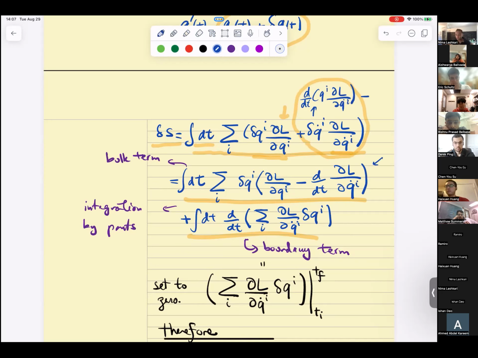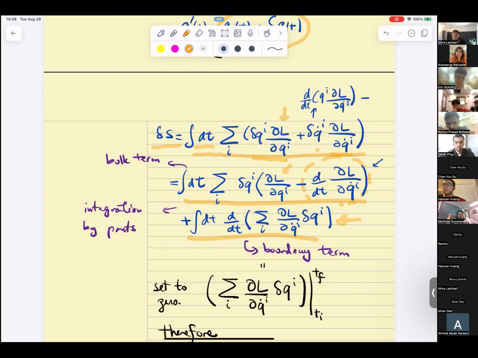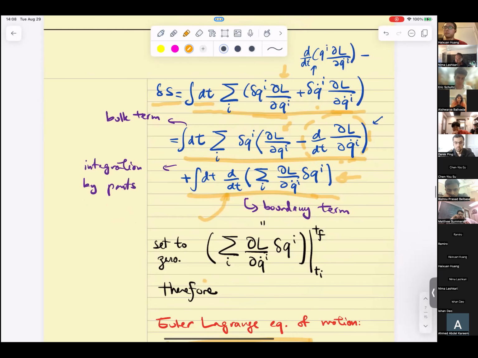You just do integration by parts. You write down this term as this plus a boundary term. The first term is unchanged. This guy is unchanged. Now, this is a boundary term. It's a complete derivative, so when you integrate over time, it just ends up being a boundary term.